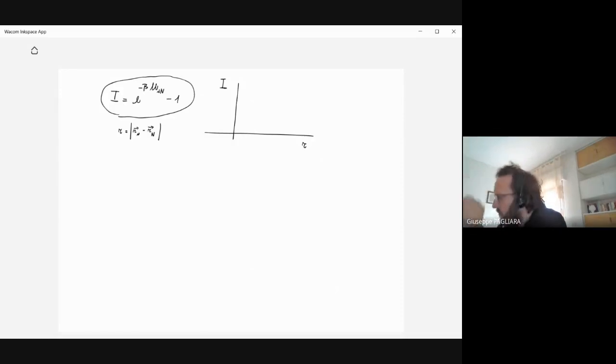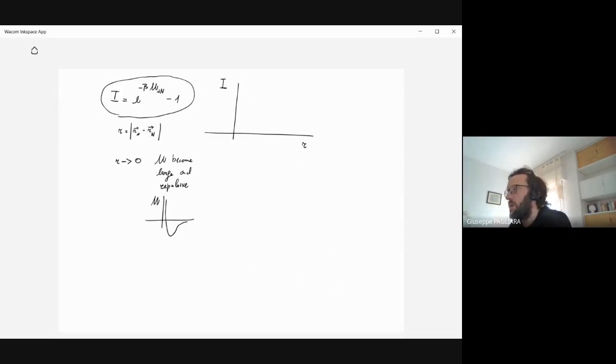And what happens when r goes to 0? When r is going to 0, u becomes large and repulsive, because typically the potential u has the shape that we also reminded before, repulsive at small distances and attractive at large distances.